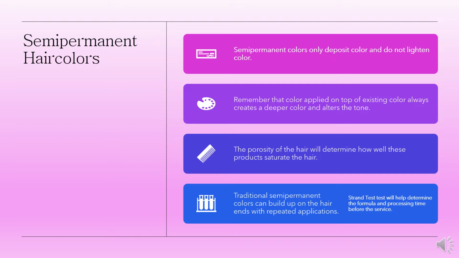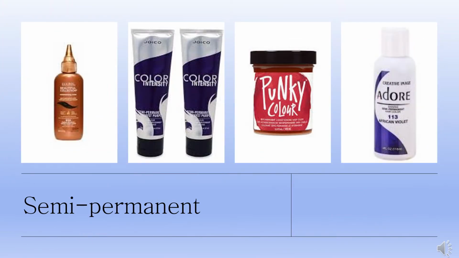Most of all, this is also one that requires a patch test. Semi-permanent hair color comes in various forms itself. It comes in creams, pastes, and liquids, and they all require a 24 to 48-hour patch test.